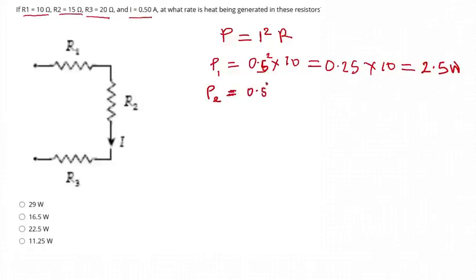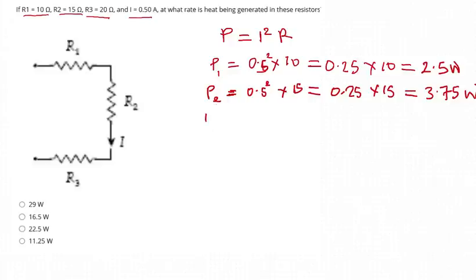0.5 squared multiplied by the resistance R2, which is 15, equal to 0.25 multiplied by 15, and that will be 3.75 watts.